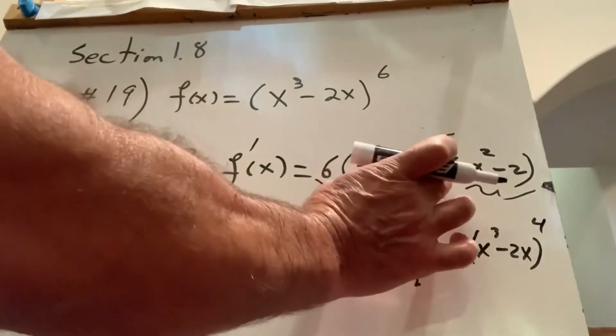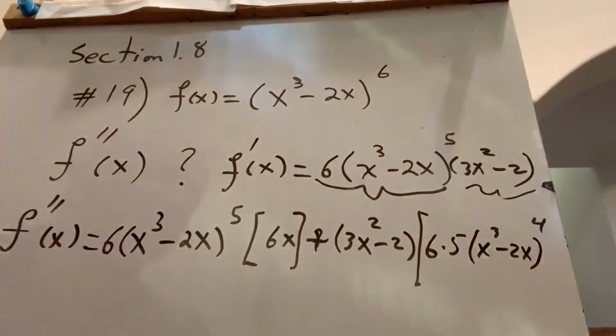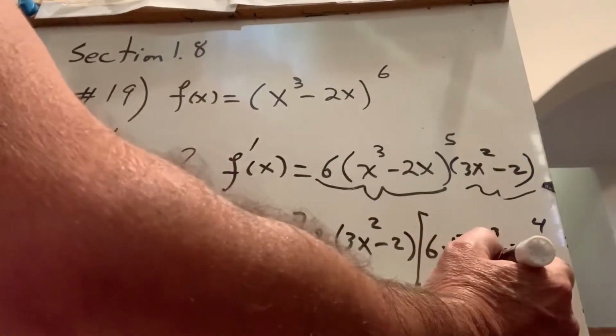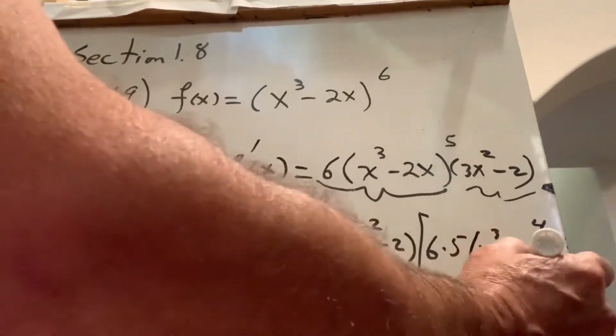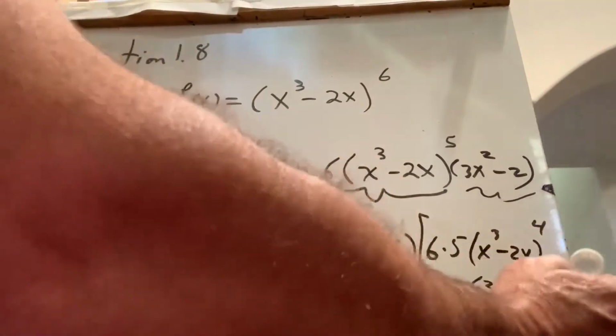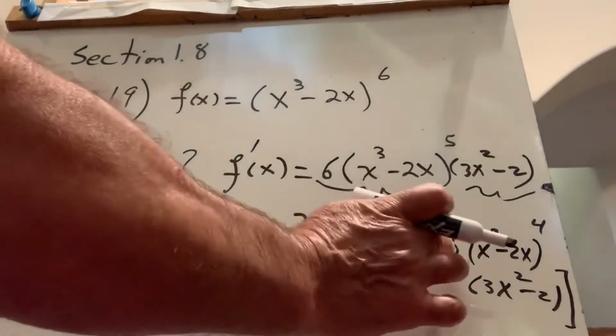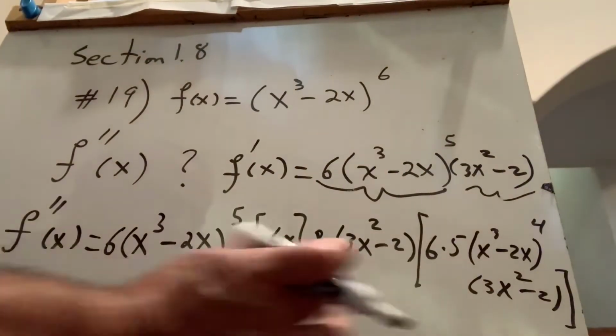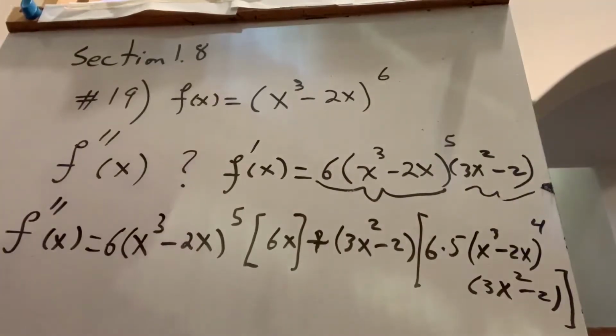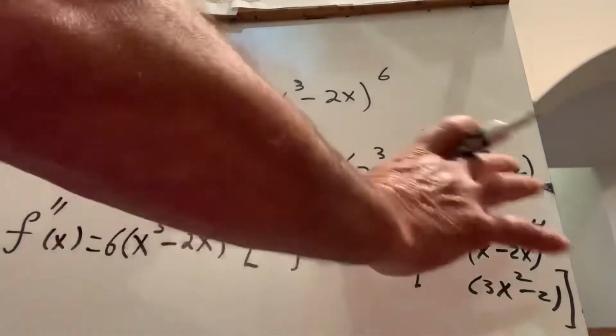And then times the derivative of the function, which once again will be 3x squared minus 2. So all that will be in the bracket. So it's 6 times 5 times x cubed minus 2x to the 4th power, and then times 3x squared minus 2. So this is pretty much your derivative.